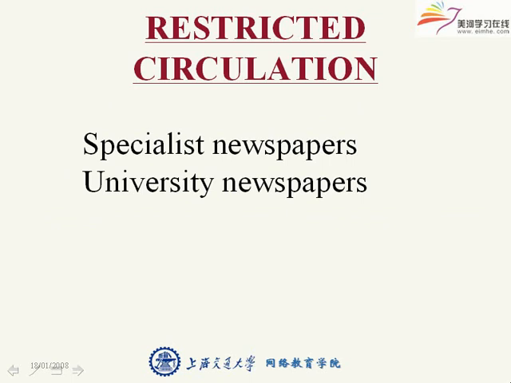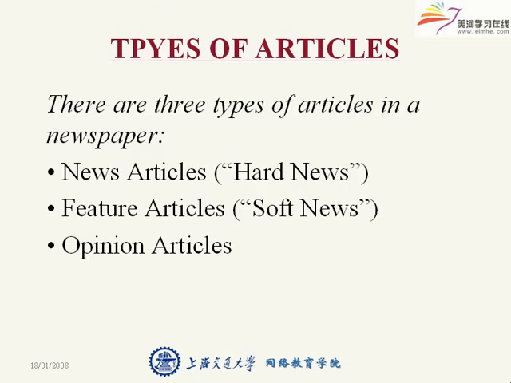Now, in the news article, the most important information is presented first, with information being less and less useful as the article progresses. News articles are designed to explain the key point first, and then flesh them out with detail. Feature articles are written to provide entertainment or background on a subject.